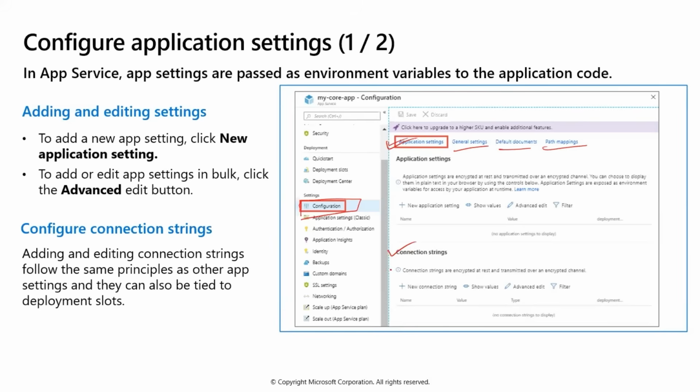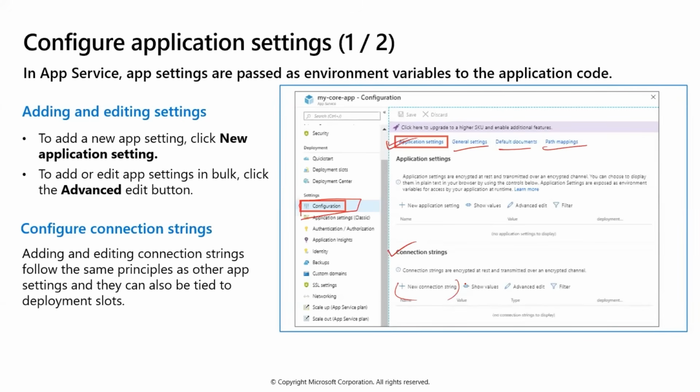There are connection strings also. In some cases you might need your web app to connect with other services and get some data from there, but you want to configure it in a secured manner, without passing any credentials. So here you can create a connection string, and then you can provide the connection string.